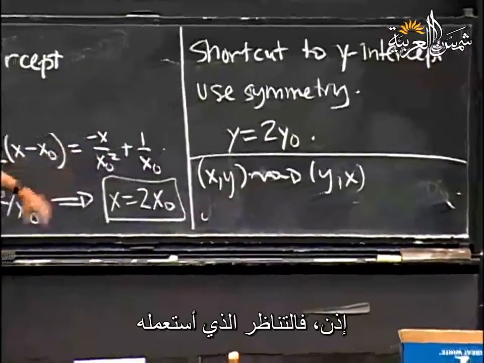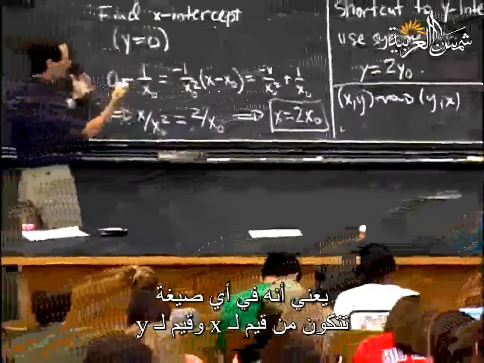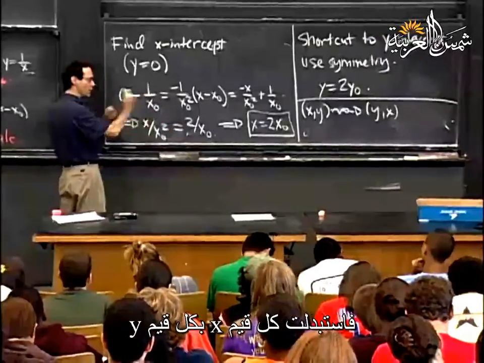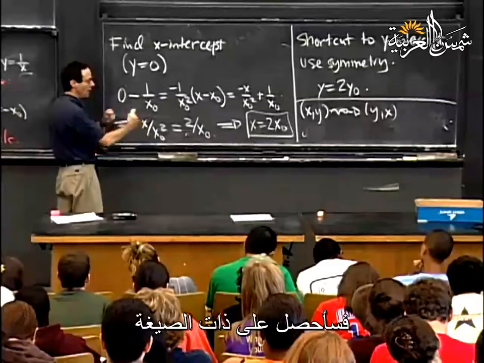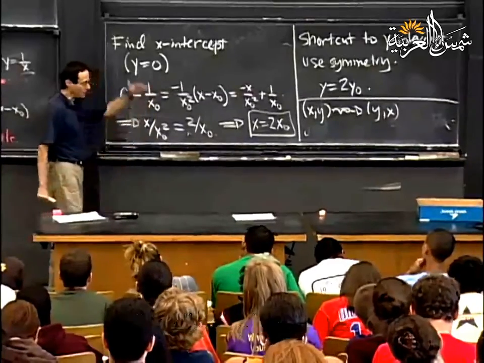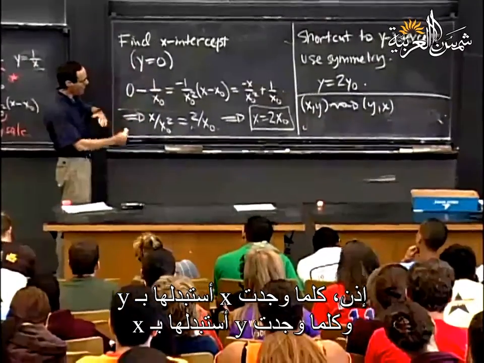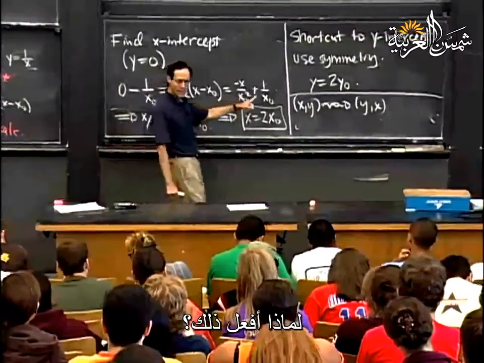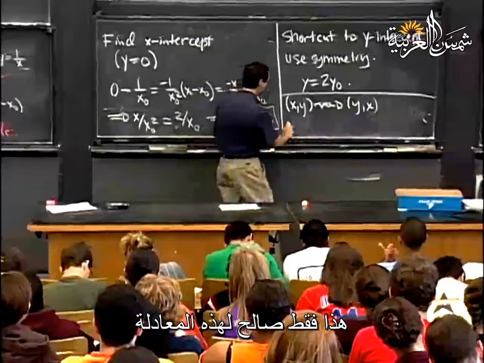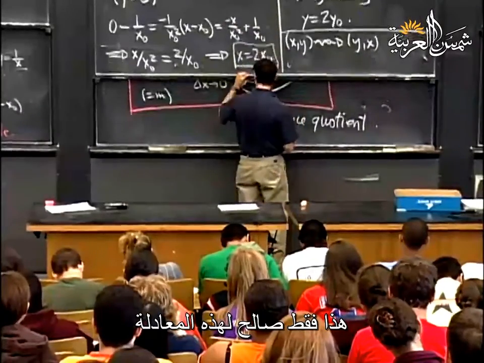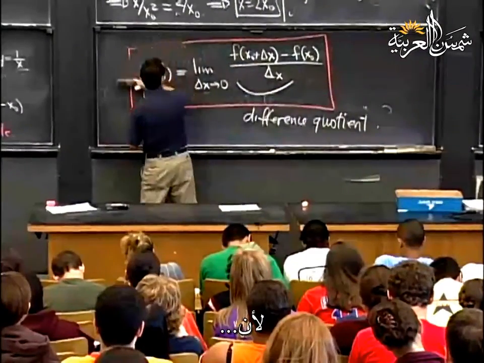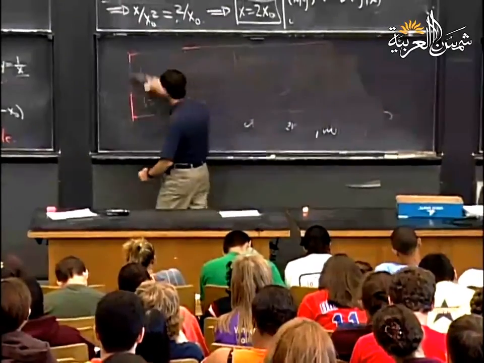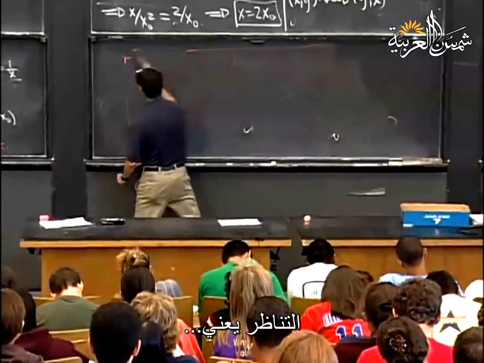So the symmetry that I'm using is that any formula I get that involves x's and y's, if I replace all the x's by y's, and all the y's by x's, then I'll have a correct formula the other way. So everywhere I see a y, I make it an x, and everywhere I see an x, I make it a y. Why is that? That's just an accident of this equation.